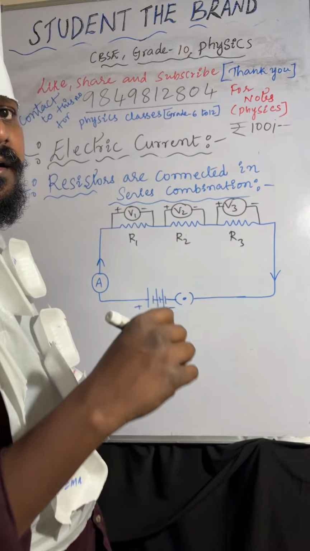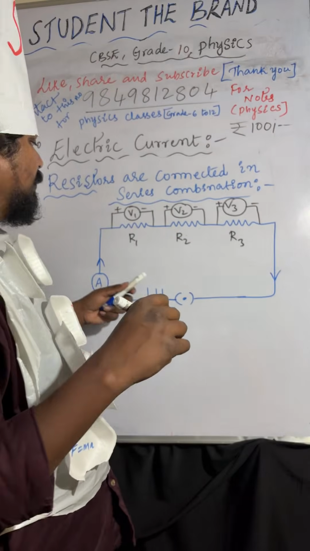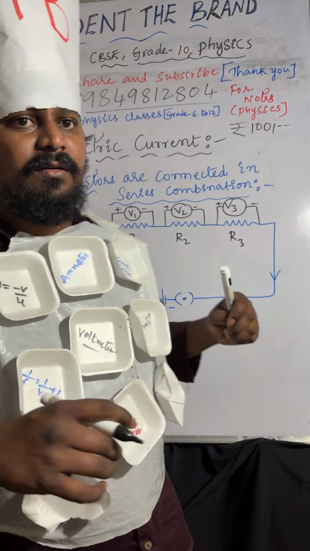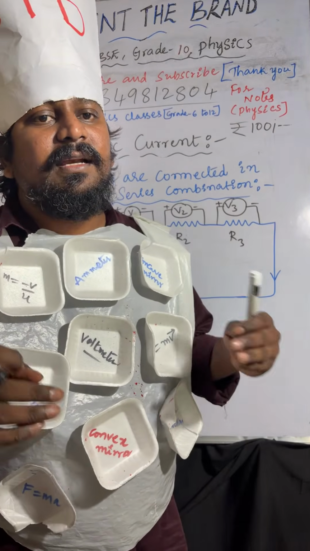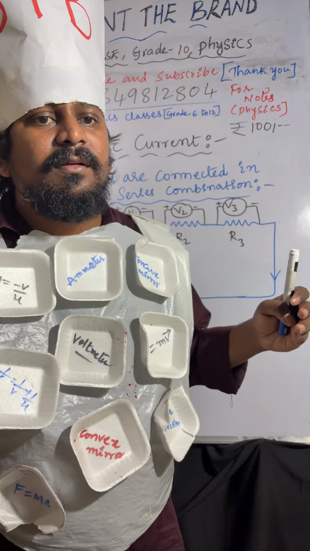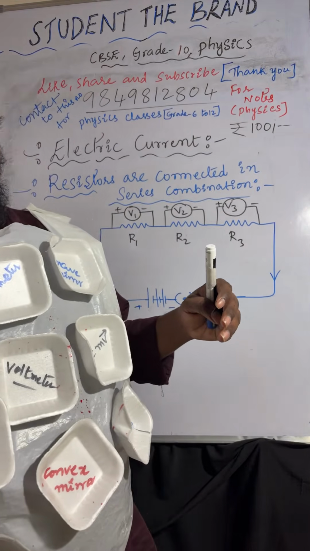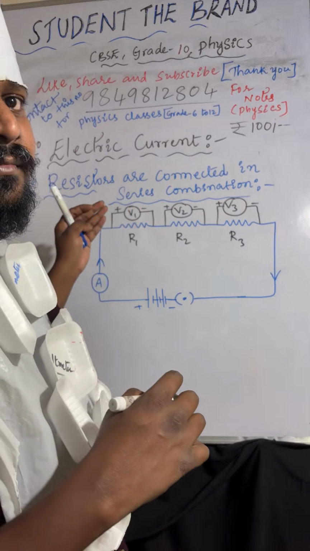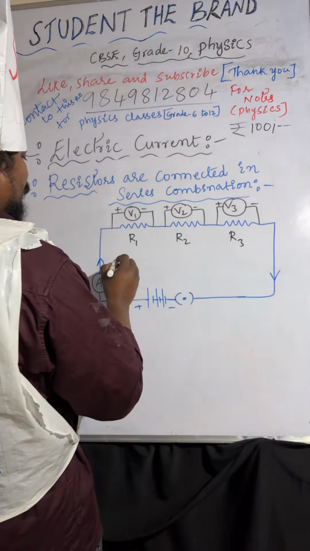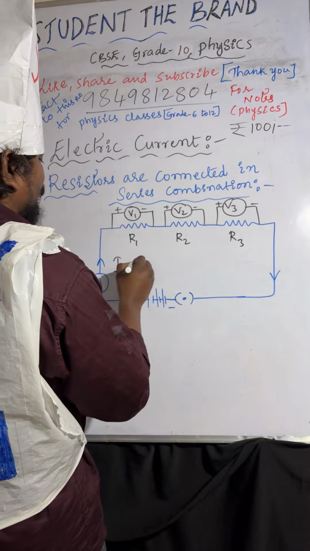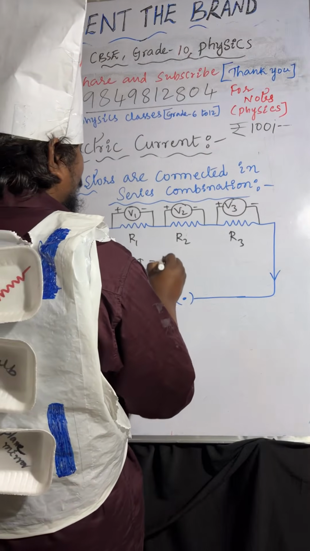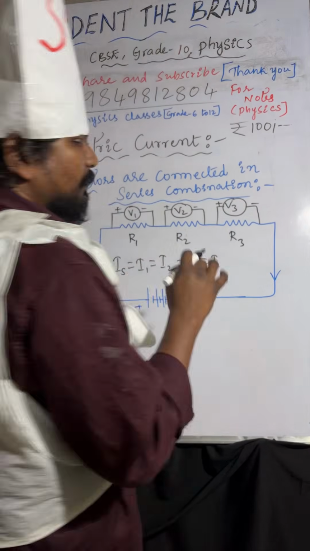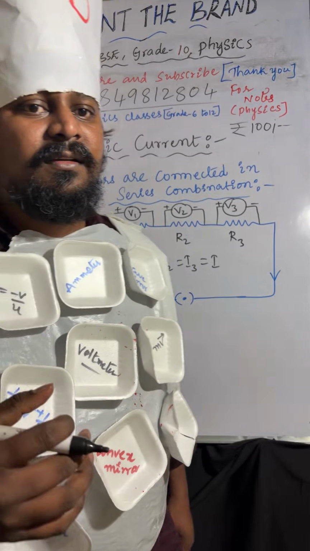R1, R2, R3. Okay, so here in the entire circuit, current is the same. So Is equal to I1 equal to I2 equal to I3 equal to I, but potential difference is different.